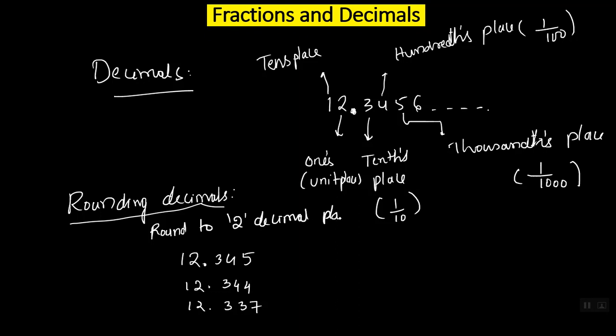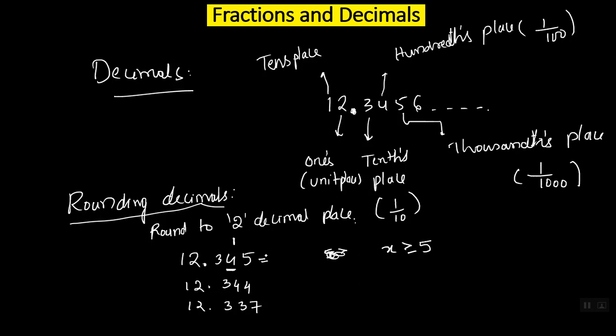Okay, decimal places. Rounded to two decimal places means after the decimal there should be only two numbers, the tenths place and the hundredths place. You have to look at this place, the second decimal place. If the number next to that one is 5 or greater than or equal to 5, you have to add 1 to this number.